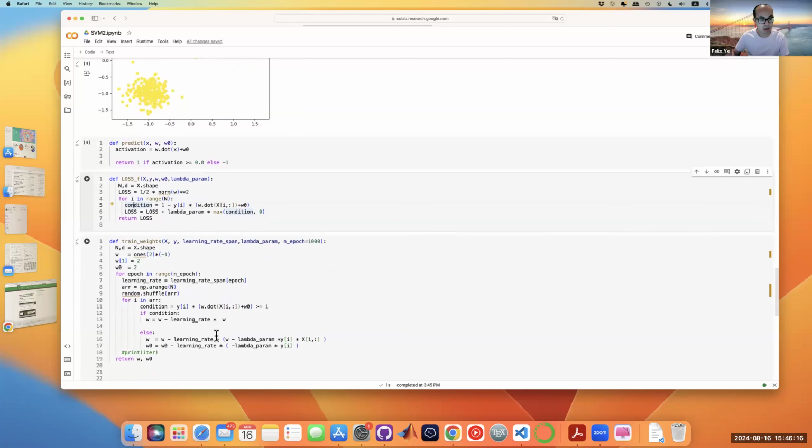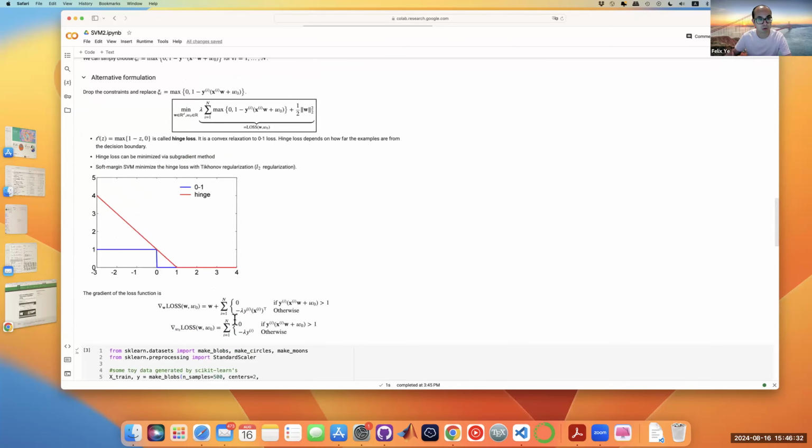Here in training, we train everything with stochastic gradient descent. If this condition is satisfied, W will learn according to the subgradient.